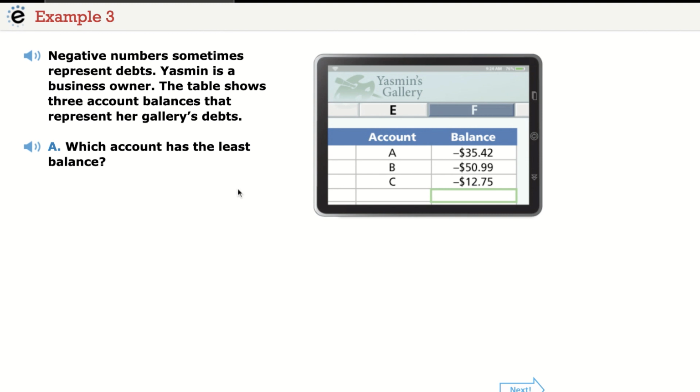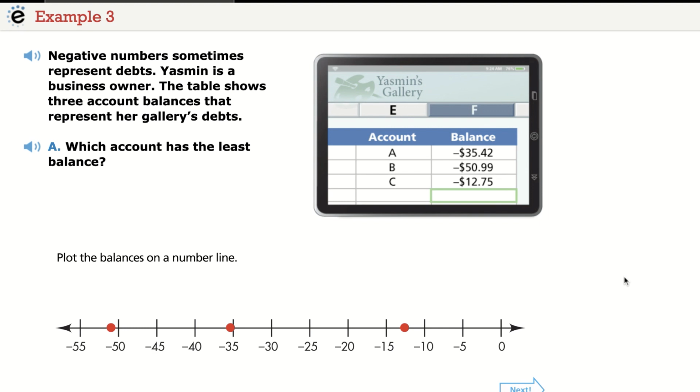Which account has the least balance? In other words, which of these numbers is the smallest number? So you can plot the balances on a number line. A, negative 35.42 would be just to the left of negative 35. B, negative 50.99 is just to the left, almost negative 51.